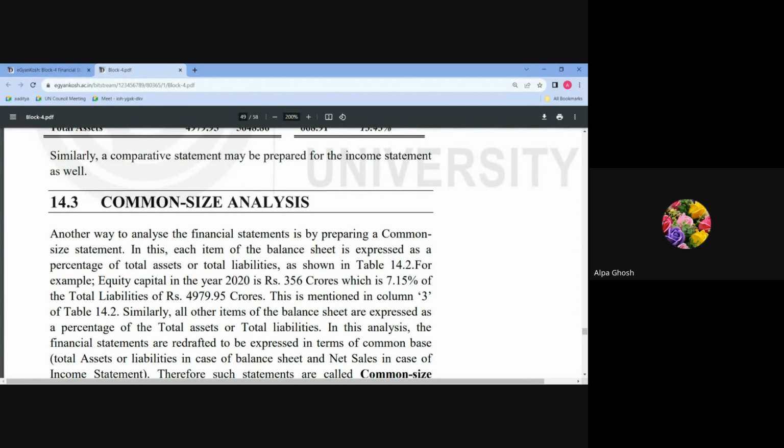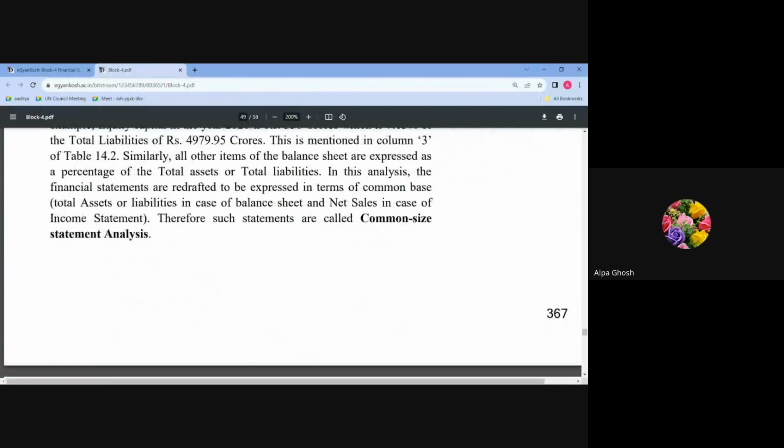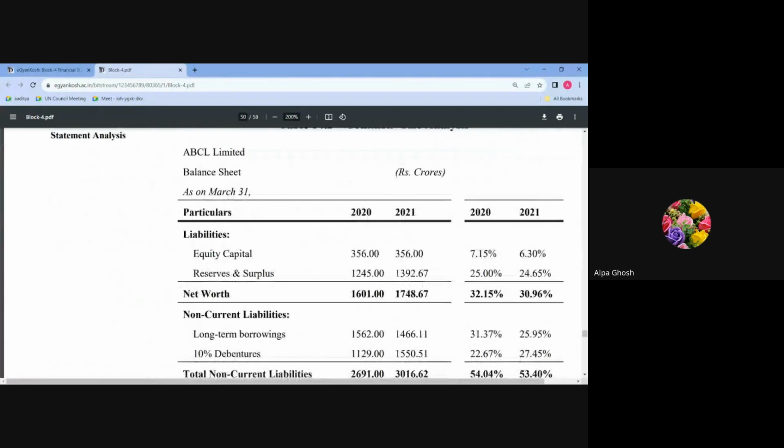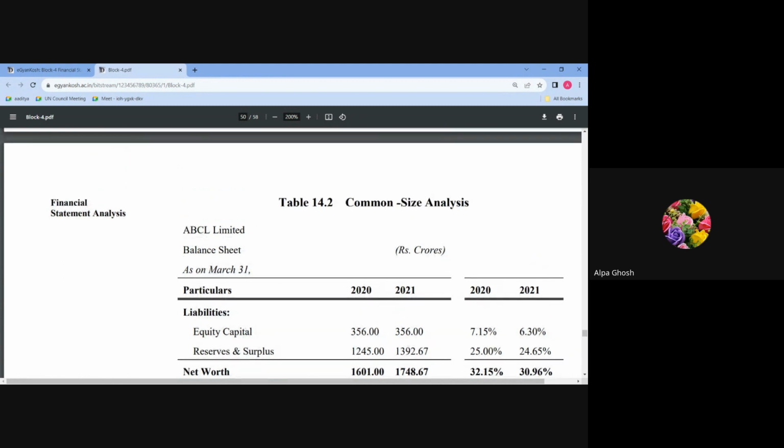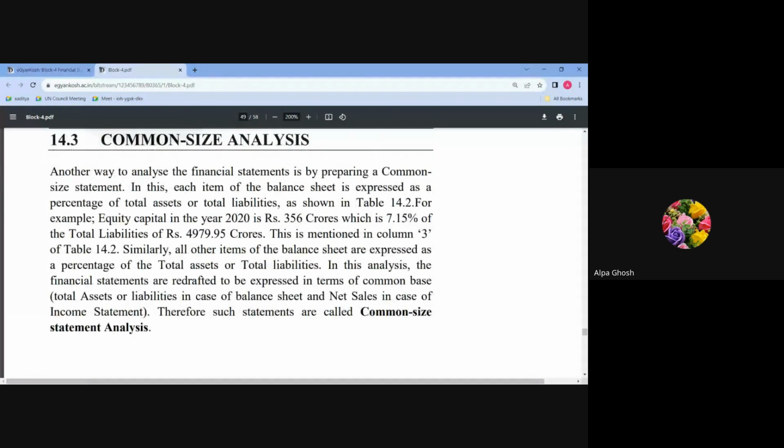Common size analysis, where we take into account, you see the format. The format is equity capital 356 and reserve and surplus, it is 1245 and 1392. Now in 2020 and 2021 we are going to make the analysis.